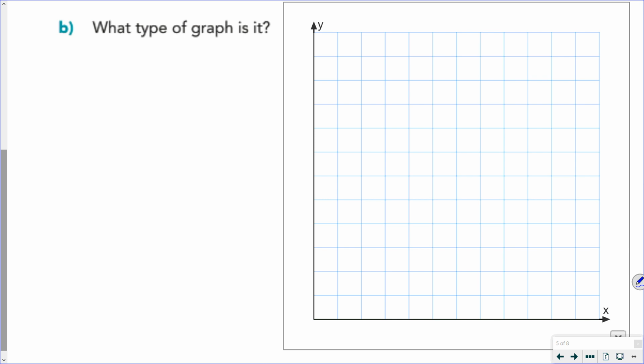So if 1 unit represents 20, 2 would be 40. Our next one would be 60, and then 80, then 100, then 120, 140, 160, 180, 200, 220. And mine is a 12 by 12, so that allows me to go up to 240 and not just 200.